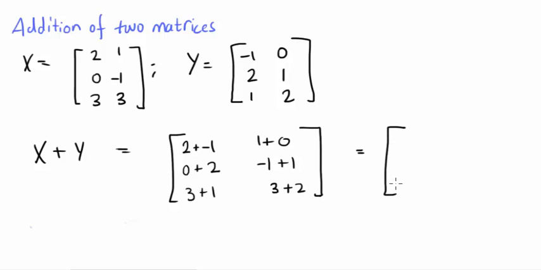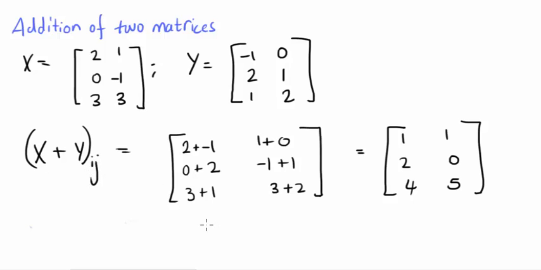So we get the result 1, 1, 2, 0, 4, 5. So the element in the ith row and jth column of the result is given by the element in the ith row jth column of X plus the element in the ith row jth column of Y.